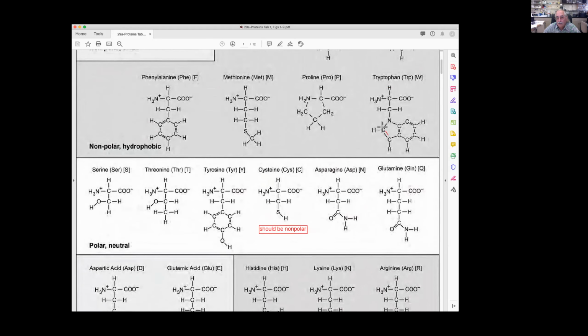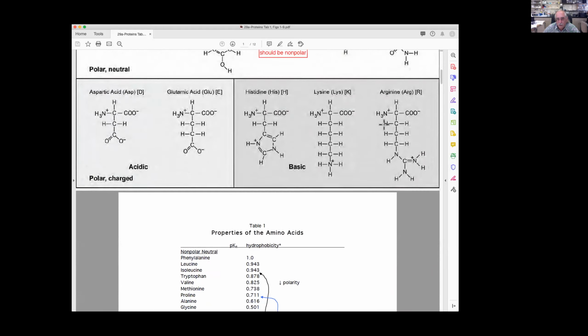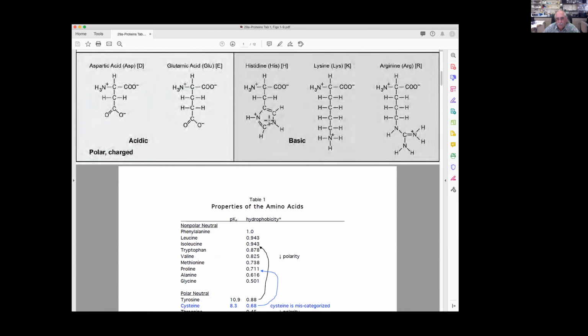It's also not basic. So we have a couple amino acids that have nitrogens in them that aren't basic. But look at the ones that are basic. This has 2 nitrogens. This has like 3. So an easy way to remember it, if it's got more than one nitrogen, it's going to be basic. And you already know that a primary amine is going to be basic.